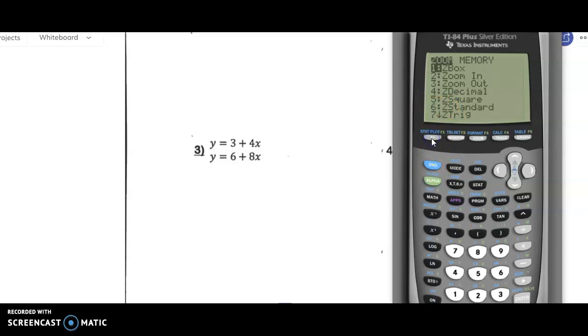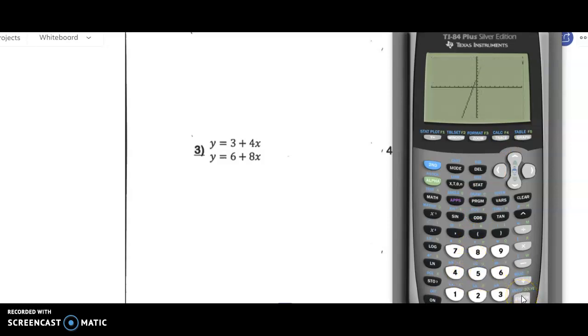All right, so let's hit back to Y equals. Let's clear out number 2 and put in 3 plus 4x and 6 plus 8x. And then go ahead and hit second, trace, and then number 5.